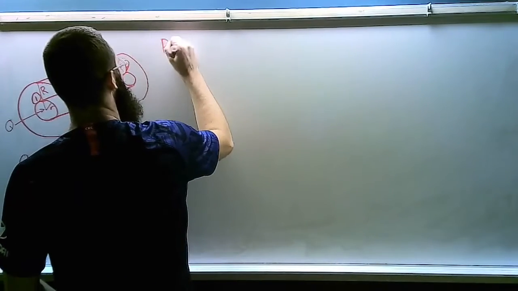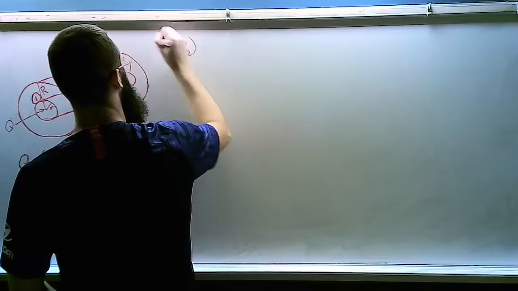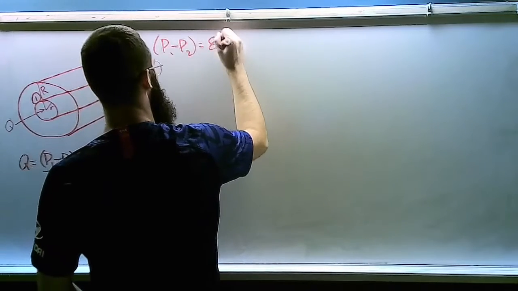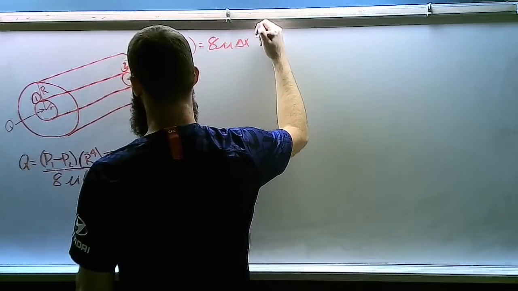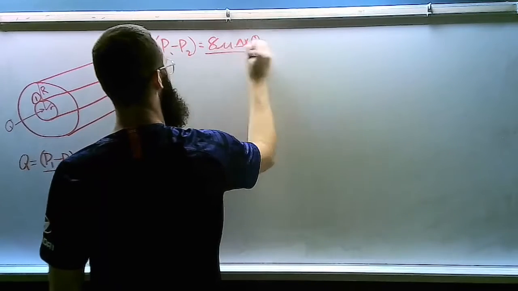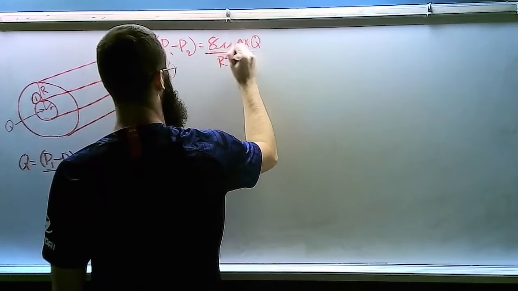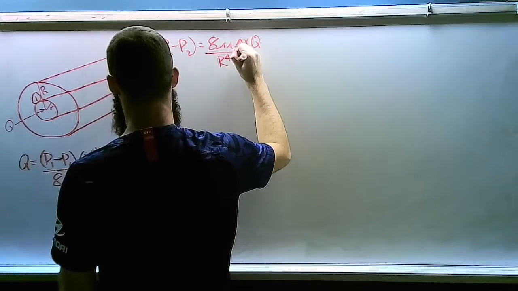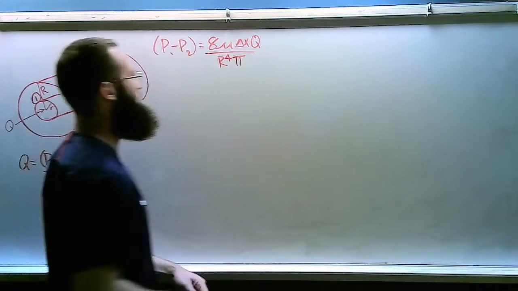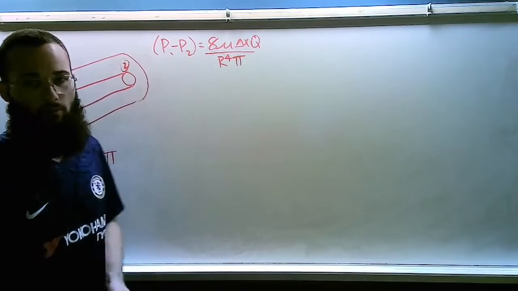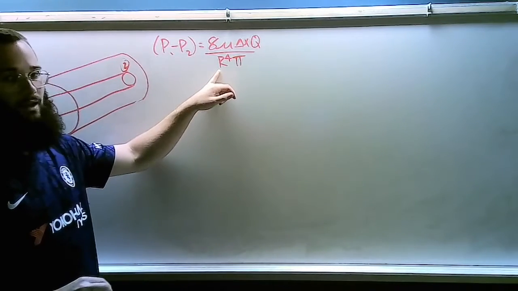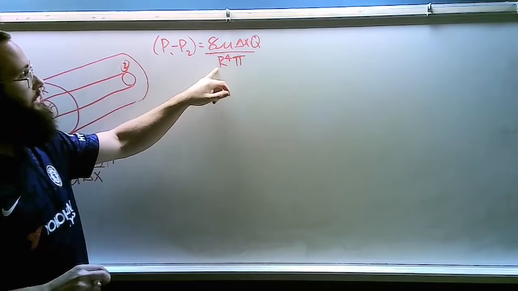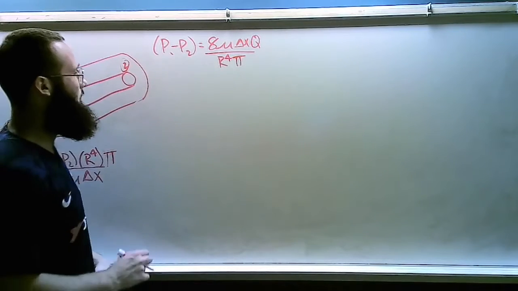So the pressure drop, P1 minus P2, is equal to 8 mu delta x times Q over r to the 4th times pi. And because the frictional heating has diameter instead of radius, we're going to go ahead and change this radius to diameter.